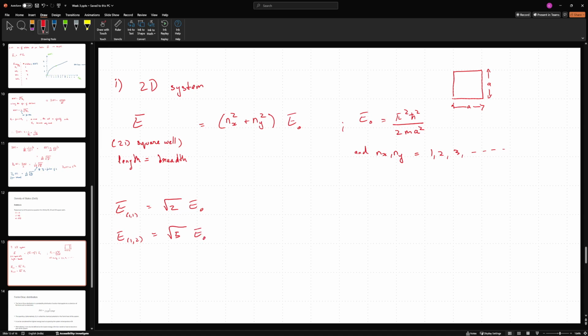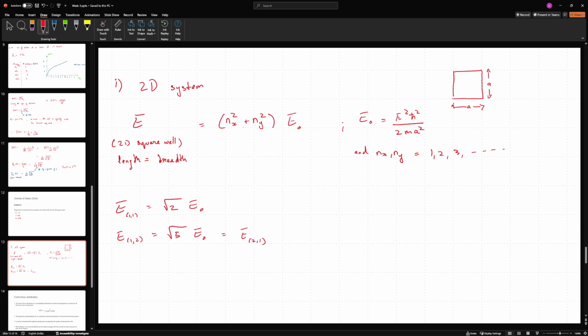Let me have this one at my side so that I can quickly calculate things. Coincidentally, since my length and width are the same, this is also equal to E21. Every energy state is uniquely identified by the nx value and the ny value.